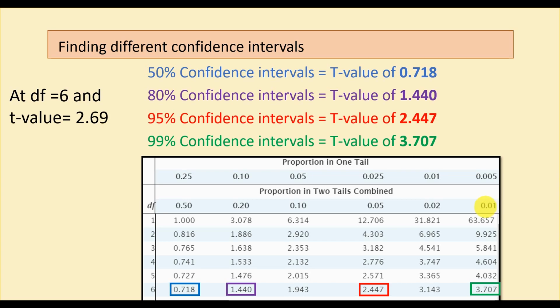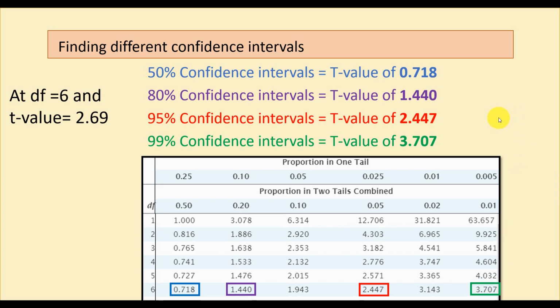So you could be 99% confident that as long as the result is above 3.7, you have a significant result. And that's what is going on here. So if you use 50% confidence intervals, we have to use our DF of 6. So 1 minus 0.5, so here's 50%, here's 80%, here's 95%, and here's 99%.